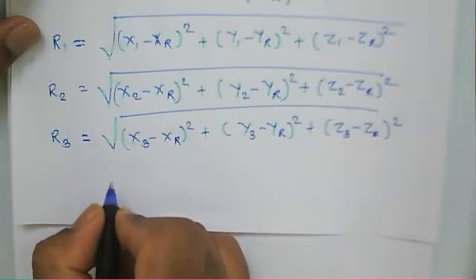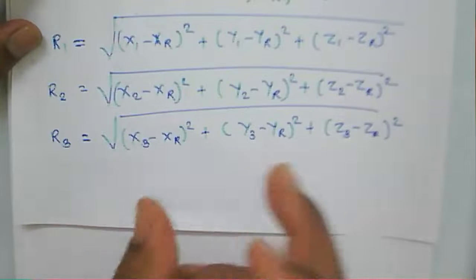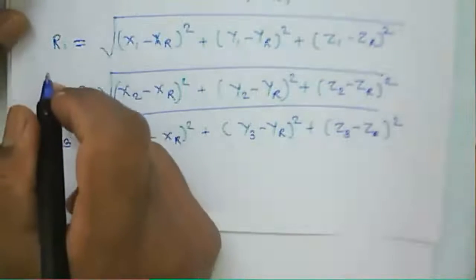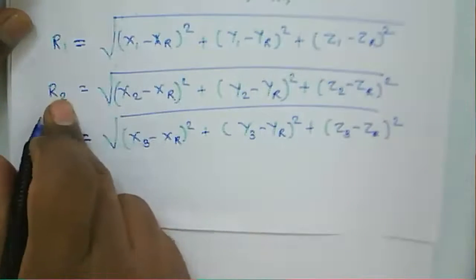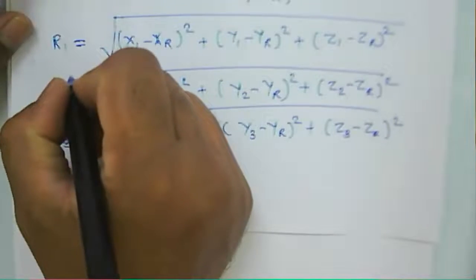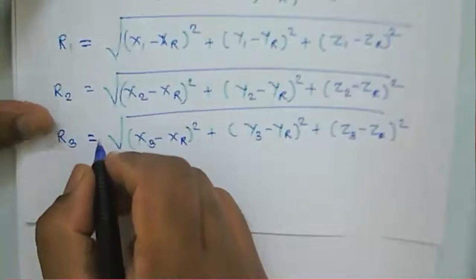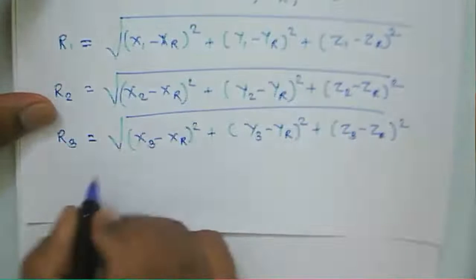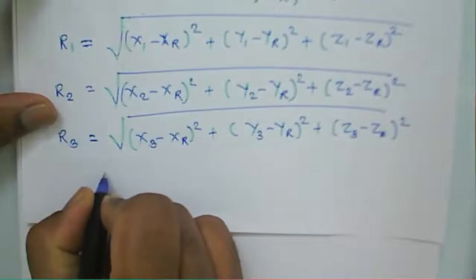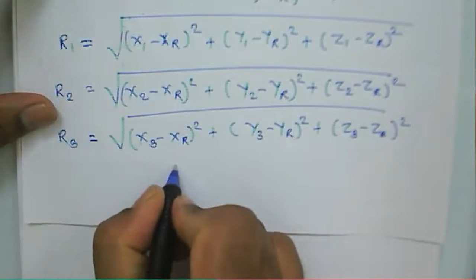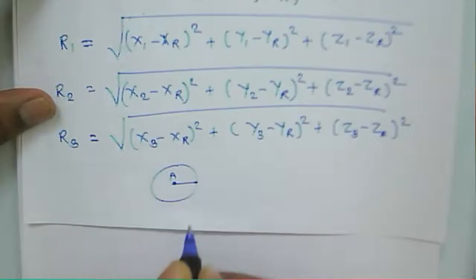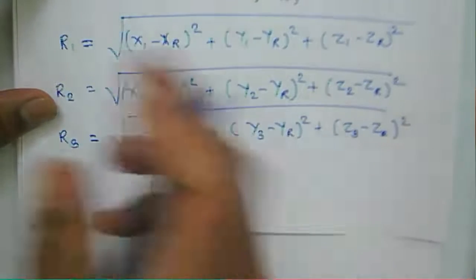Now these R1, R2, R3 are nothing but the range equations, or range measurements, from the satellites to the receiver. Suppose we have satellite A transmitting, that is R1.